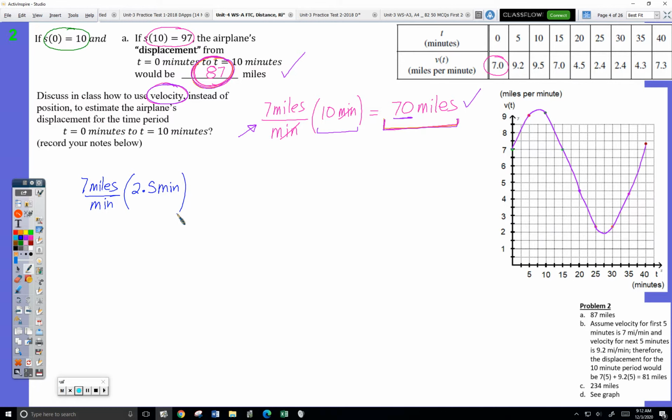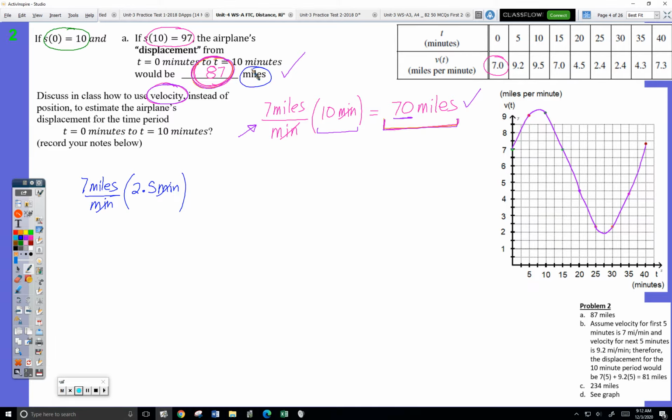And I'm writing down units just to check. You don't have to write down all the units. That gets to be a little bit tiresome. So minutes will divide out, I'll end up with miles, which is what I want, because I am trying to calculate a displacement.